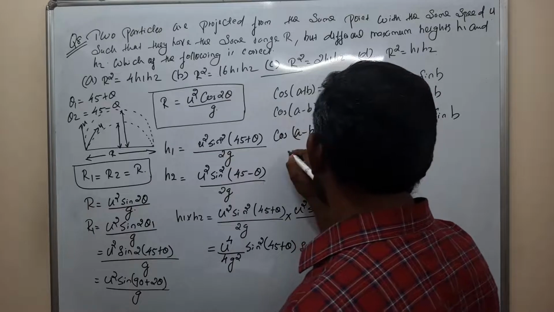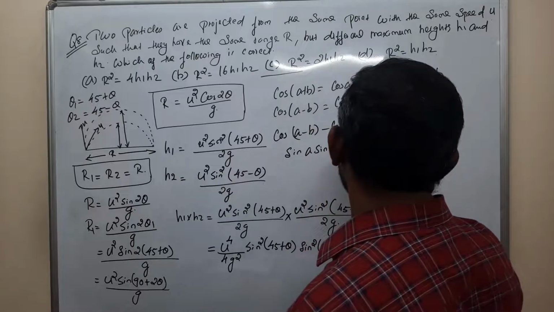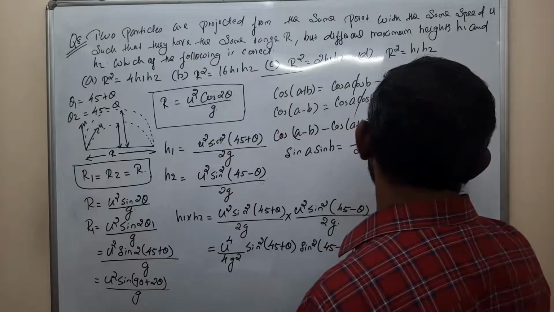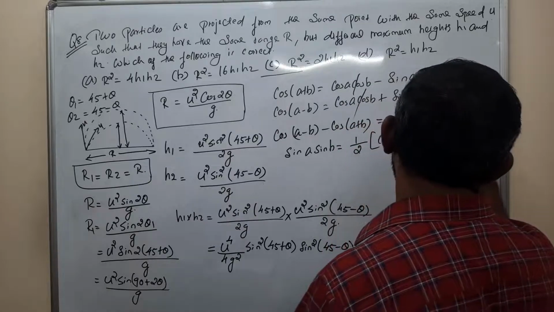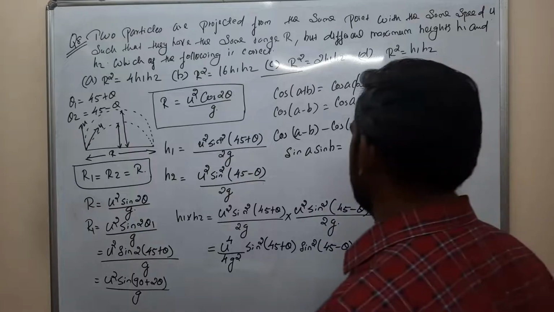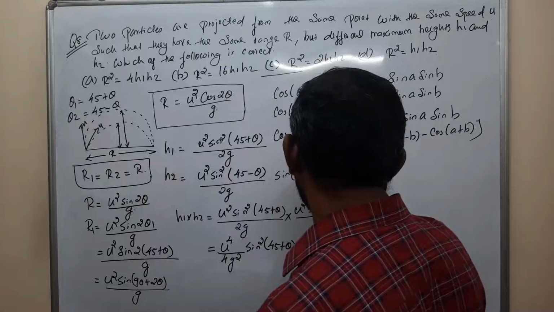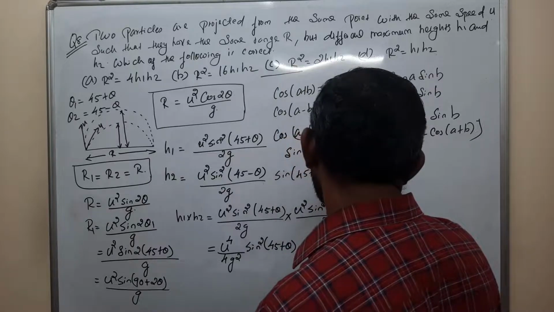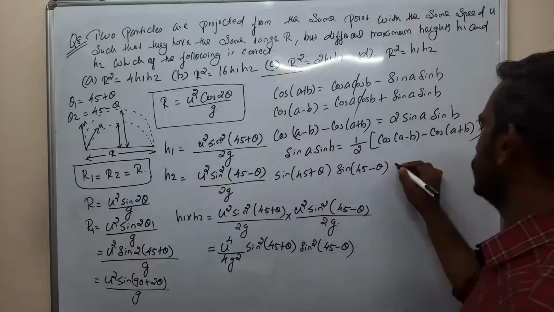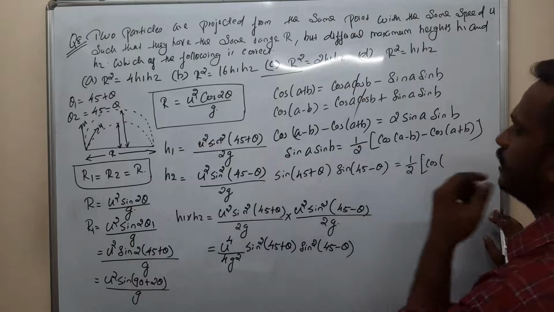So from this, sin a sin b = 1/2 [cos(a−b) − cos(a+b)]. Here we are writing sin(45+θ) sin(45−θ). sin a sin b = 1/2 × cos(a−b).